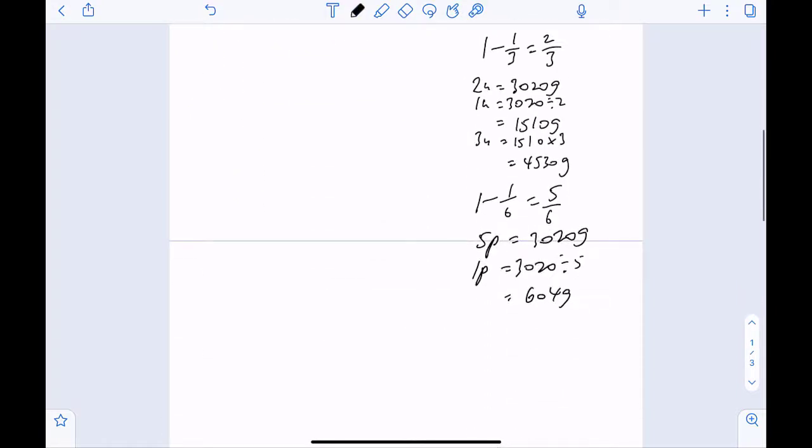So what is the mass that's inside box B at first? 4530 grams minus 604 grams gives us a final answer, 3926 grams.